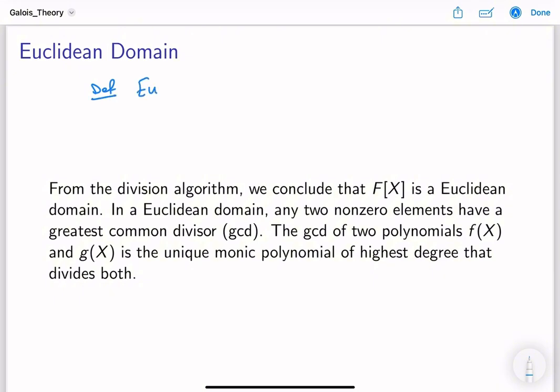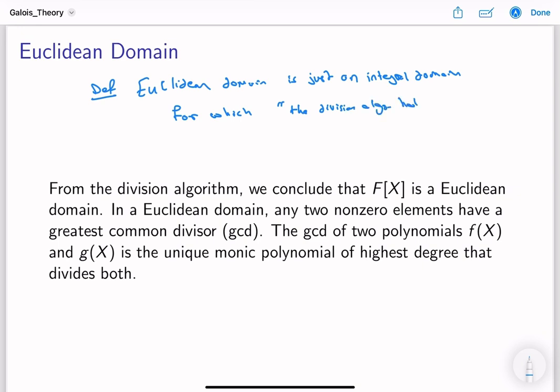A Euclidean domain is just an integral domain for which, in quotation marks, the division algorithm holds. So if you have an integral domain where the division algorithm holds, then we call that a Euclidean domain.